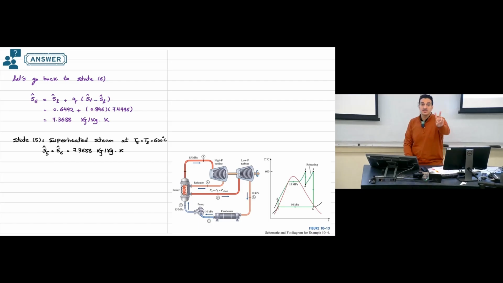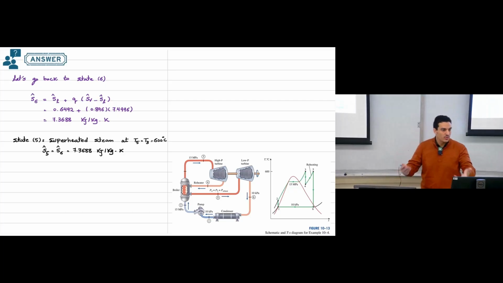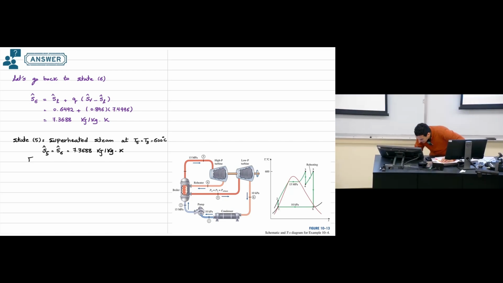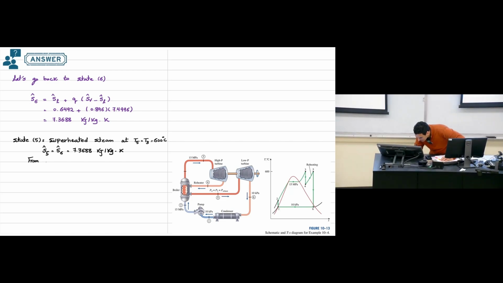So now superheated steam, two information available. So now I can use the steam table in order to find the specific enthalpy at point number 5, which is 3674.9 kilojoule per kilogram.